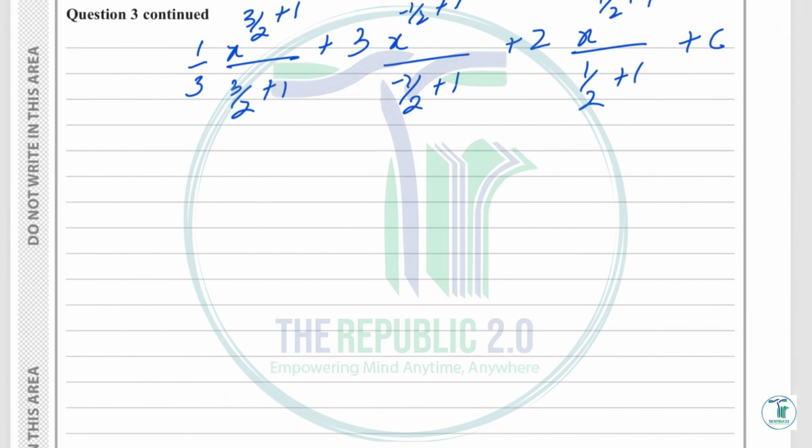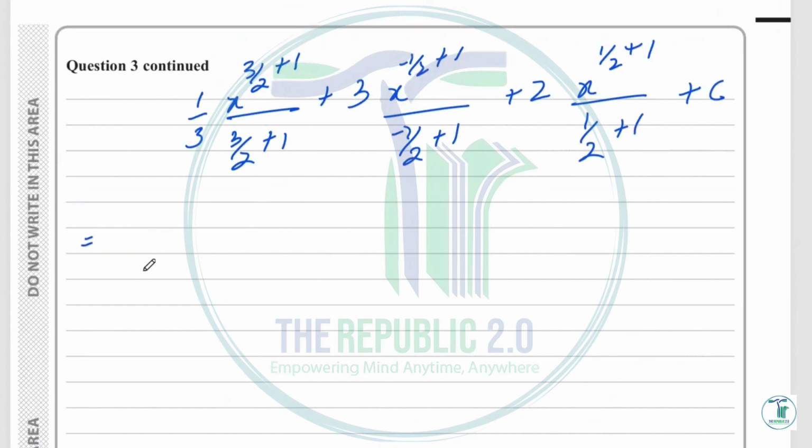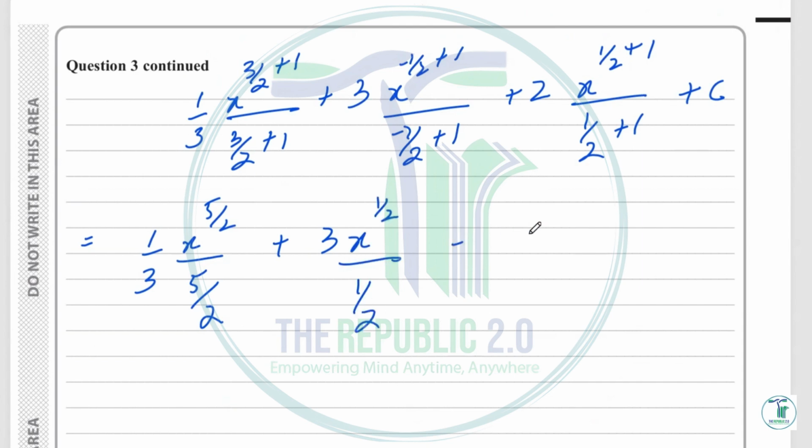After working this thing down, I must have 1 by 3 x to the power of 5 by 2 divided by 5 by 2, plus 3 times x to the power of 1 by 2 divided by 1 by 2, plus 2 x to the power of 3 by 2 divided by 3 by 2, plus c.